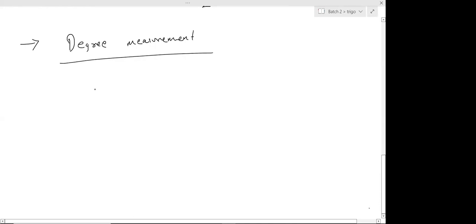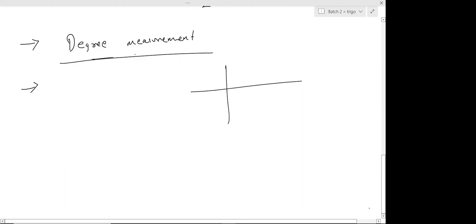So I don't need to write the table. All right. Now, what new thing we learn in 11th? First thing is degree measurement. How the angle is measured in degrees.